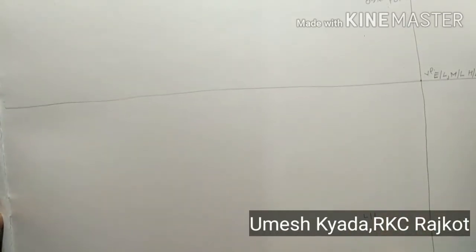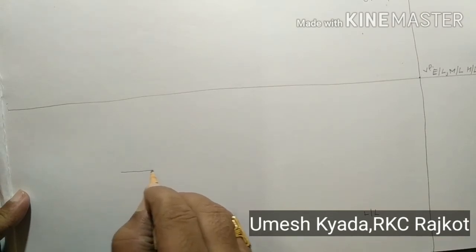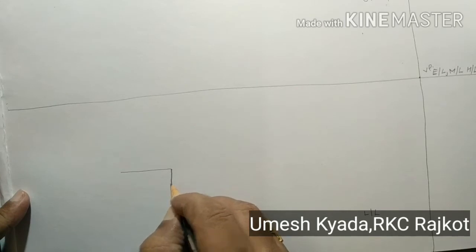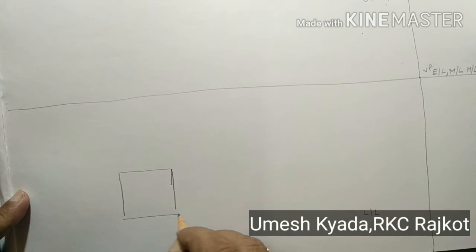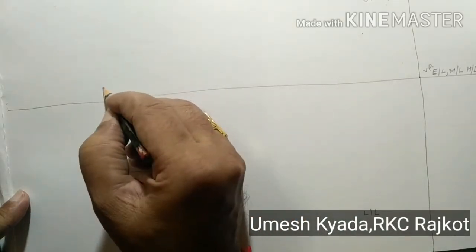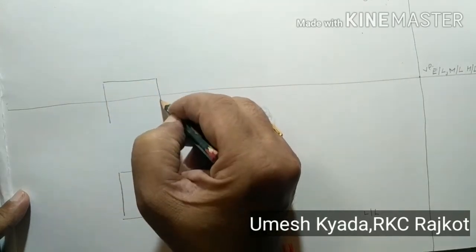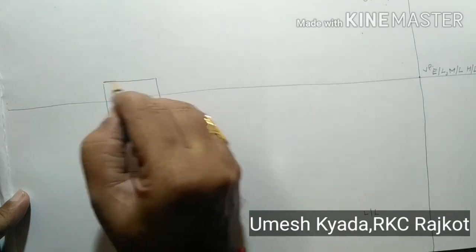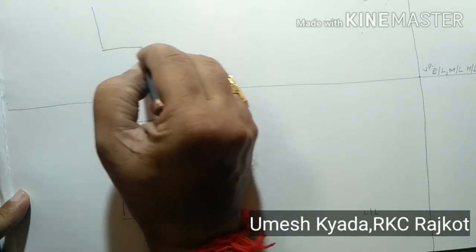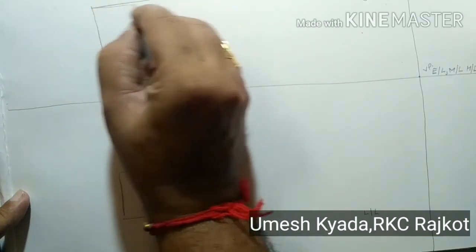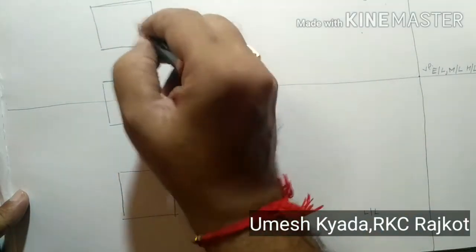So here one square I'm doing, this is low level. Same thing, same measurement, I will draw this middle level and same I will draw this high level. Low level, middle level, high level.